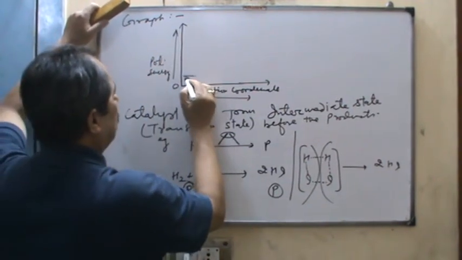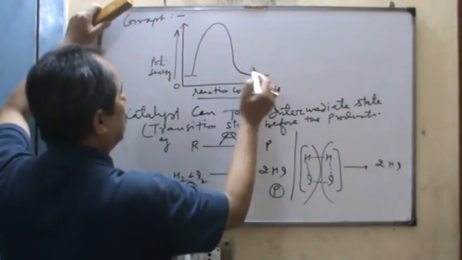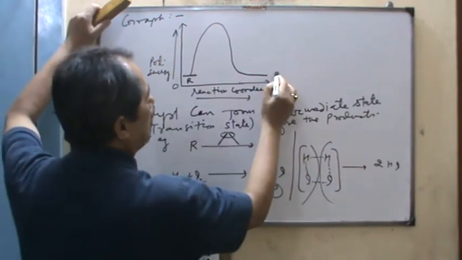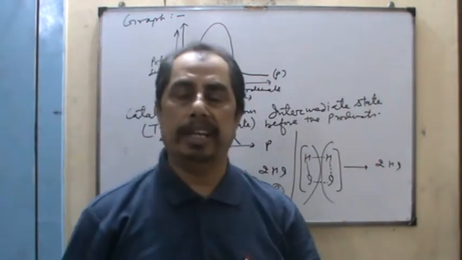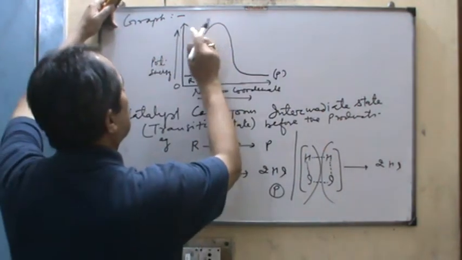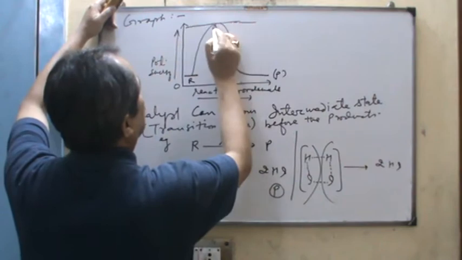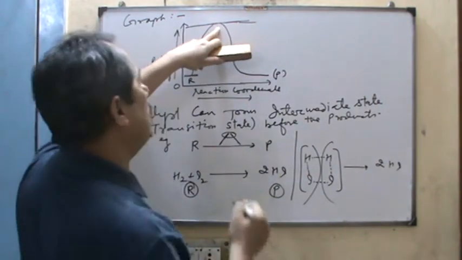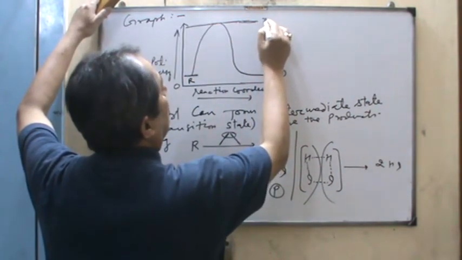So, dear students, this is the reactant and this is the product. This is the reaction coordinate, profile of energy change and direction of the reaction. And this way it is the path, which means probable kinetic energy.